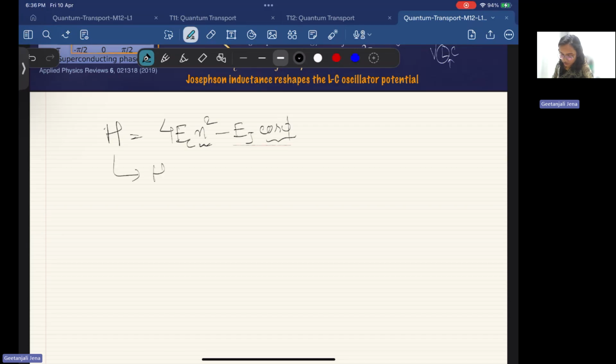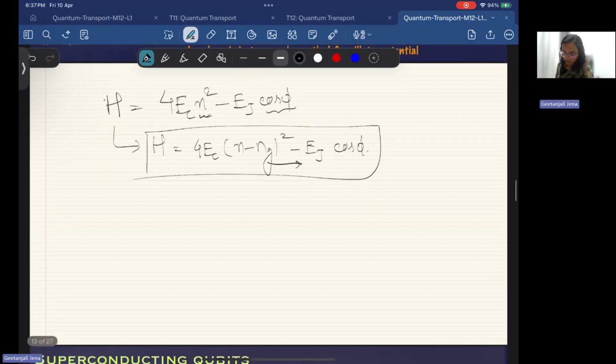H is given by 4 E_C (n minus N_g)² minus E_J cos φ. N_g is the offset charge, which we get because of some fluctuation in the circuit, because we are using gates to manipulate the 0 and 1 states. So this will affect the charge state. This is the most realistic and practical form of the Hamiltonian.